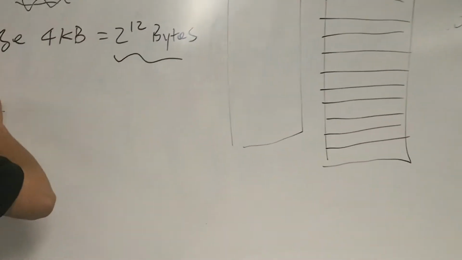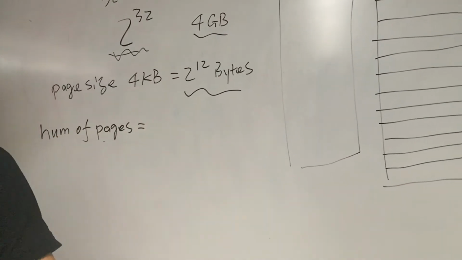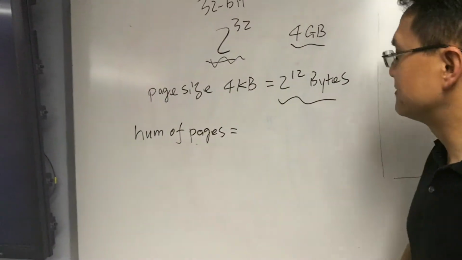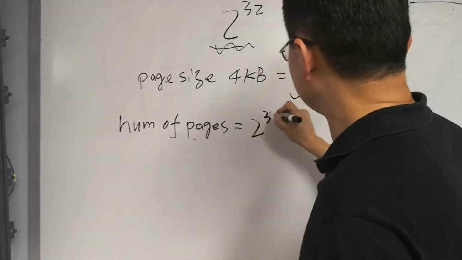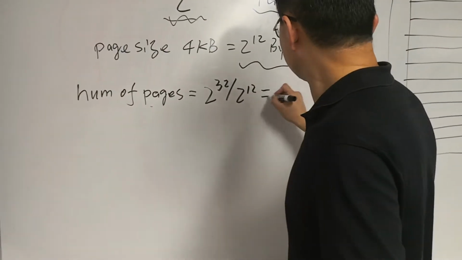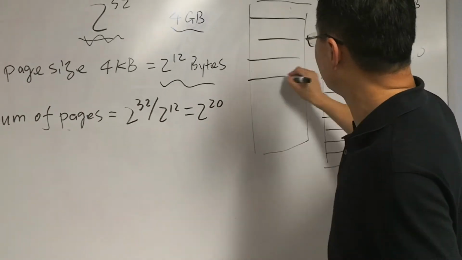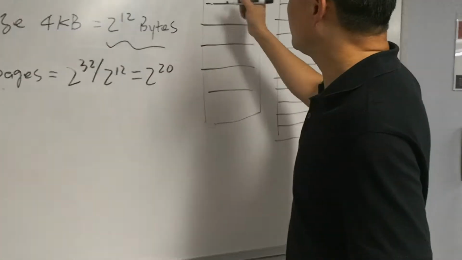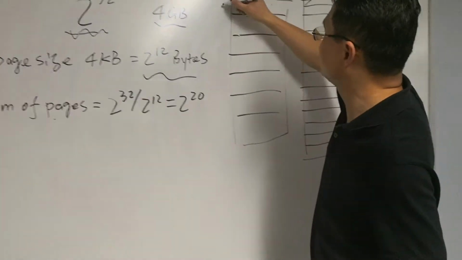Let's do one at a time. Number of pages equals 2 to the 32 divided by 2 to the 12, which is 2 to the 20. That means in this page table I need 2 to the 20 entries.